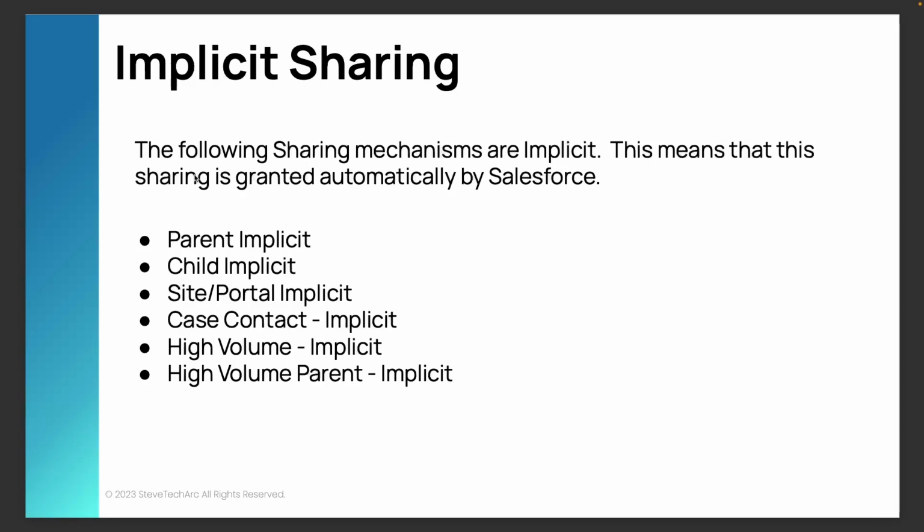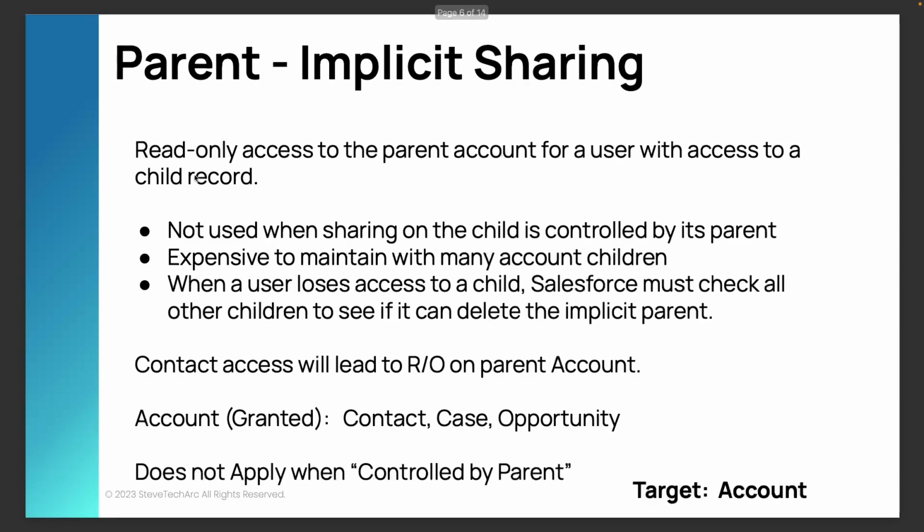The last two are a little more obscure, a little harder to describe. The first 4 are pretty straightforward. So let's dive in. Parent implicit sharing is not when you have controlled by parent. This is related to the account with the contact, the case, and the opportunity.